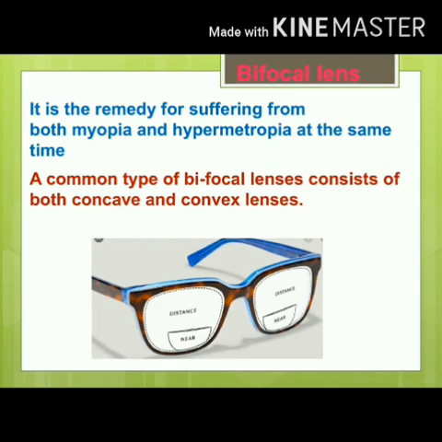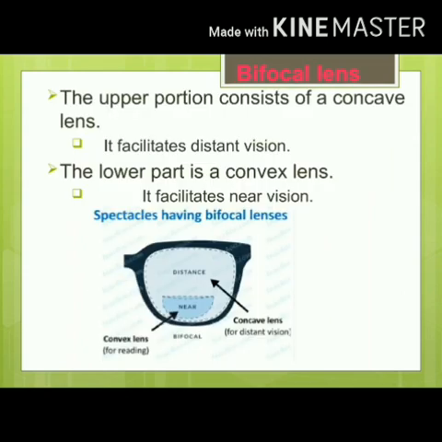And the lower portion of the eyeglass will have convex lens, so that will facilitate seeing the nearby objects. Now if we want to read, or if we want to see some very nearby object, then we need to look downwards.